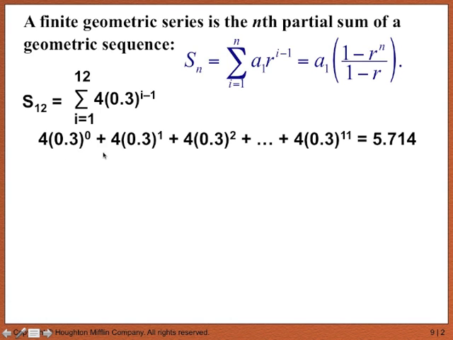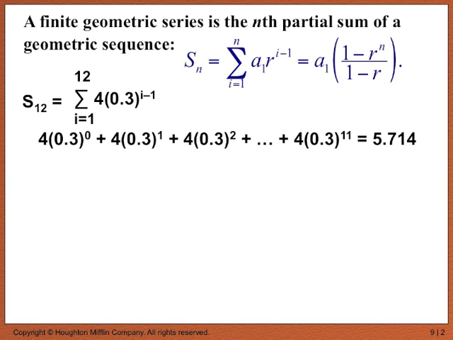And then we do our next term, 4 times 0.3 to the 1, because since this is our second term, where i equals 2, 2 minus 1 is 1. Third term, 3 minus 1 is 2, and so on until we get to the 12th term. And 12 minus 1 is 11, so this is raised to the 11th power. And when we add all these up, this is the answer you should get, 5.714, rounded off.